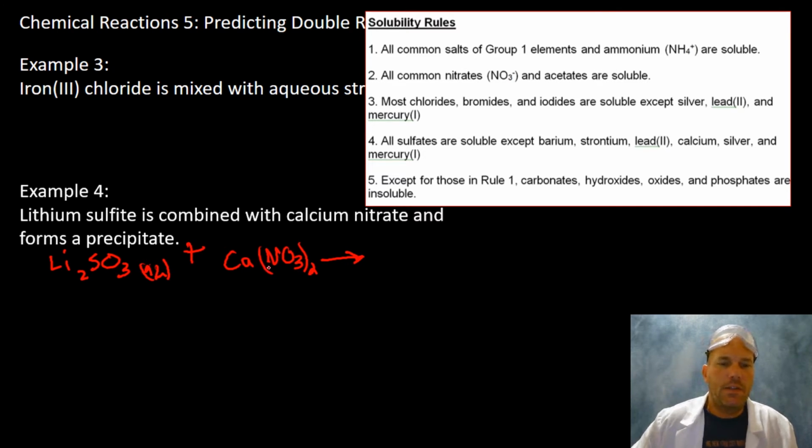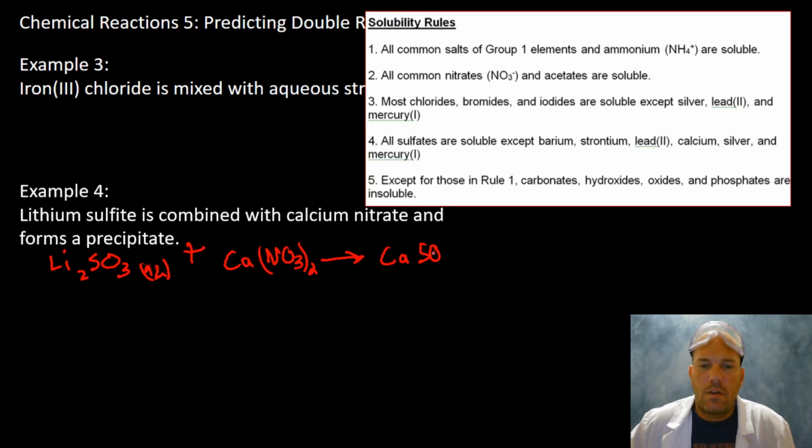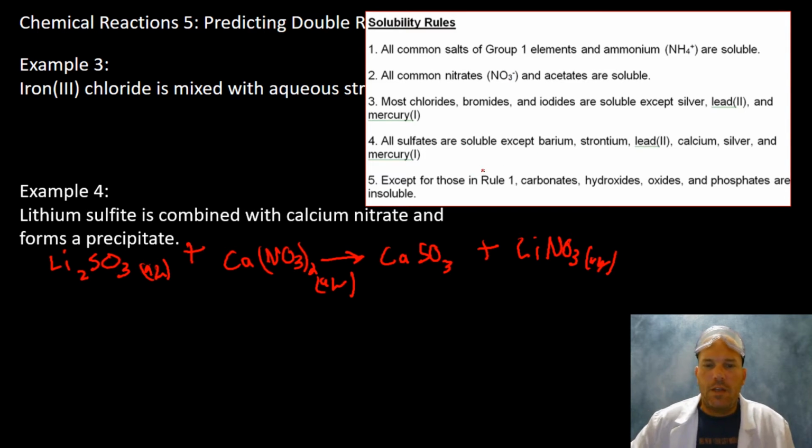Okay, let's see if this is going to happen. So we're going to have the calcium coming over and combining with the sulfite. They're +2, -2. That works out. Plus, we're going to get lithium nitrate forming. I know that's aqueous.